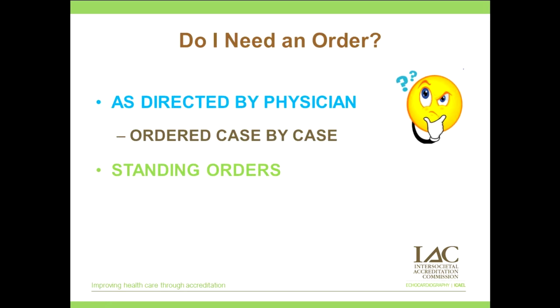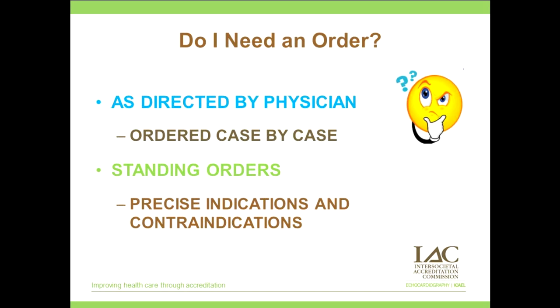For example, if one of the indications is rule out apical thrombus, and the sonographer is unable to rule this out, the sonographer knows to use contrast on this patient. On the other hand, if this same patient states they've been told they have a hole in their heart, which is a contraindication, the sonographer would know not to use contrast on this patient.